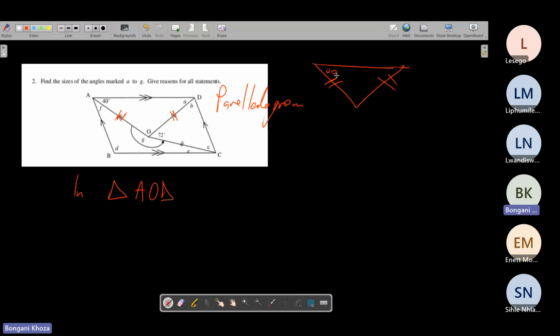Here we are given 40, here we are given an unknown, and here we are given A. What type of triangle is this one? The triangle that has two sides that are equal.